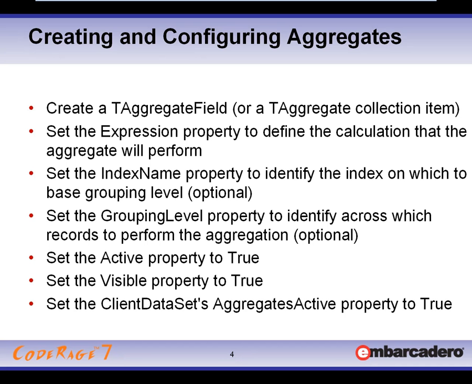and insert your records. And then once the data is filled and the client dataset is set, at that point you would set aggregates active to true again, and the client dataset will perform the aggregate calculations. If you left aggregates active set to true while you inserted records, the aggregate calculation would be performed upon every insert, and this would represent a tremendous amount of overhead and would decrease the performance of your insert operations.